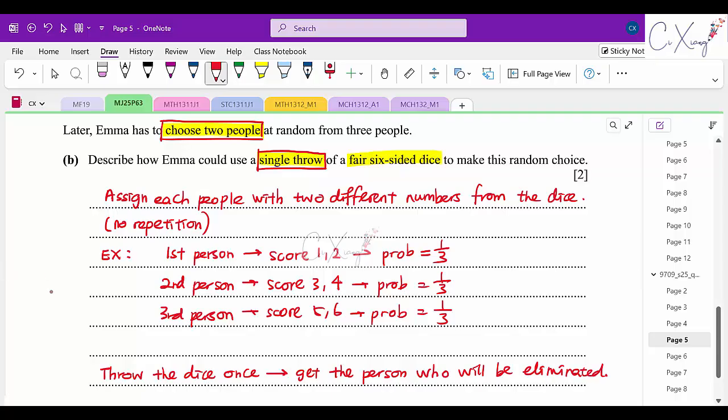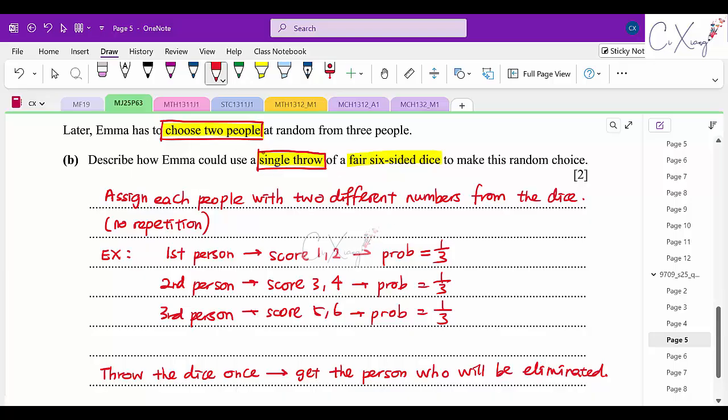So that means instead of using one throw to choose two people, what I do is that I throw the dice once, and the number that I get is the person that I want to eliminate from the group. Then the remaining people will be the two people that we want to select. Understand what I say or not? Because with a single throw, we cannot choose two people at once, right?